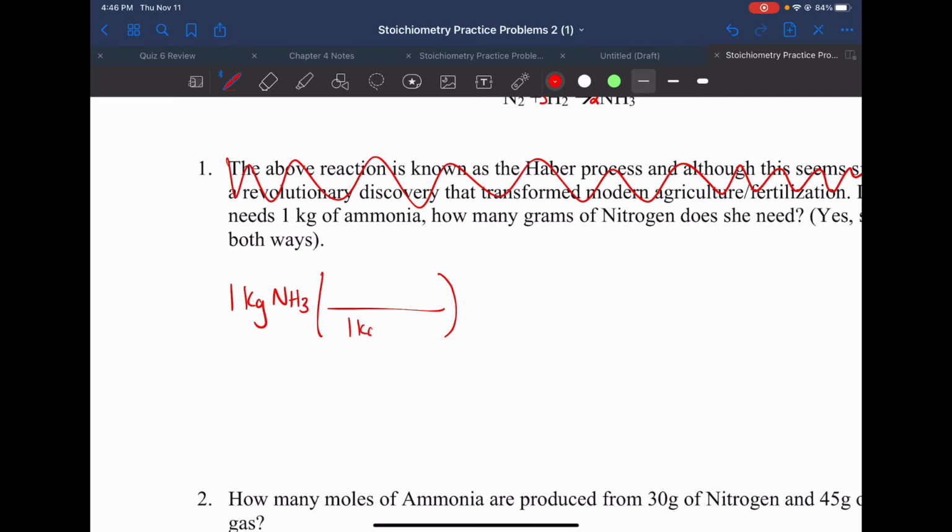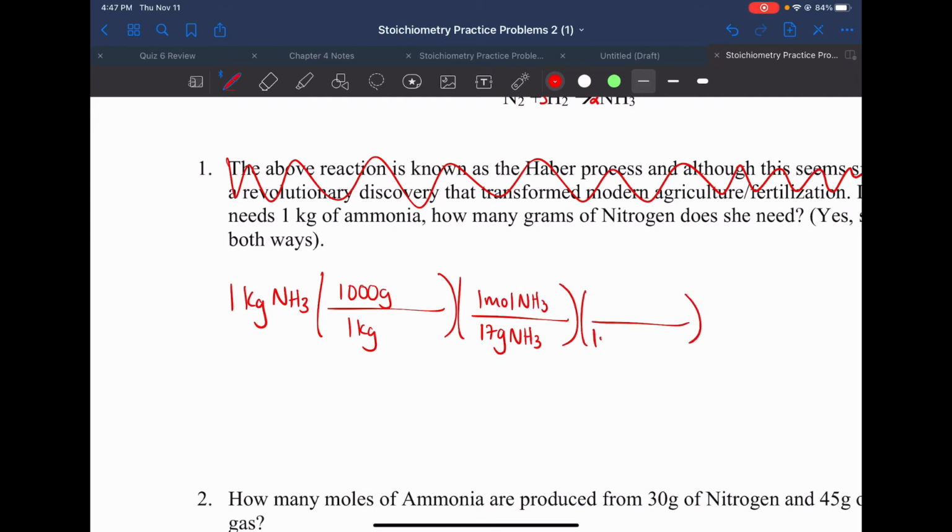So for every 1 kilogram, we have 1,000 grams. Now, for ammonia, for every 17 grams of NH3, we got that because nitrogen weighs 14 and every hydrogen is 1. So 14 plus 3 is 17. We get 1 mole of ammonia. And now we're on the mole train. So let's go back.